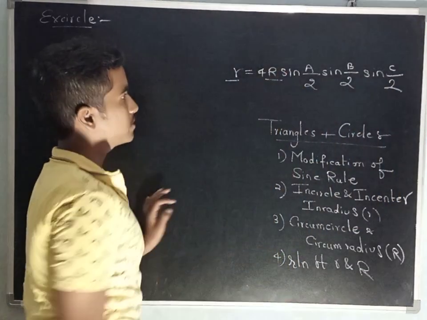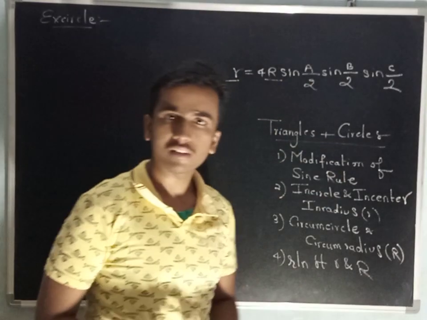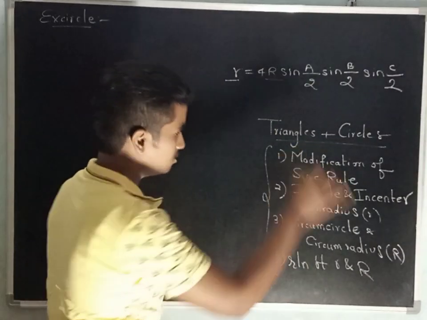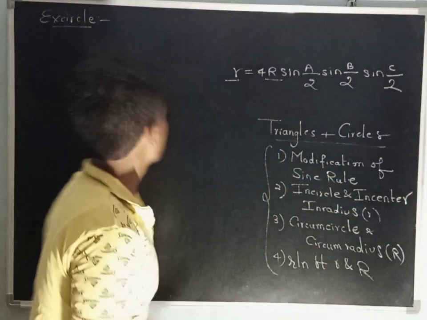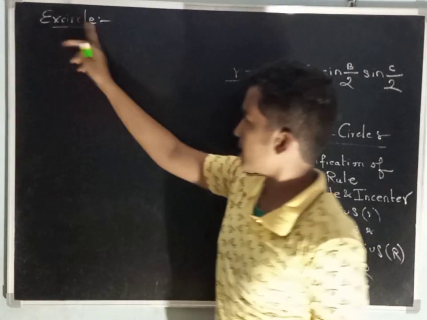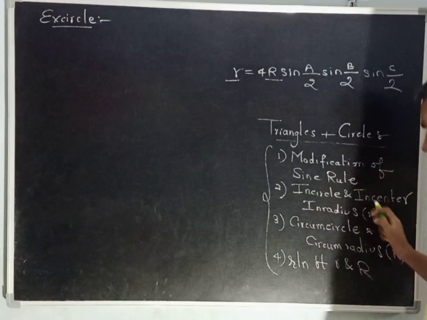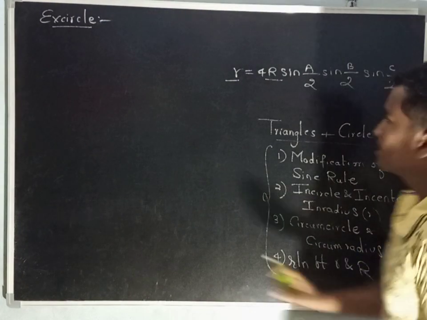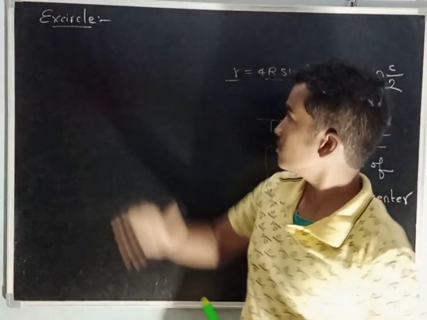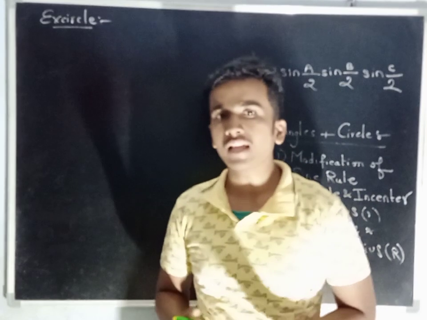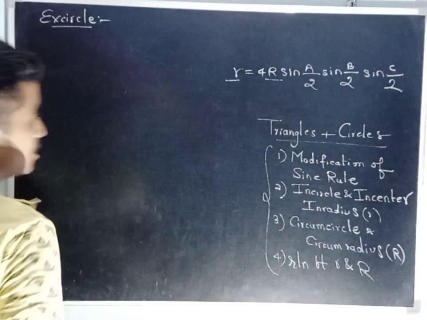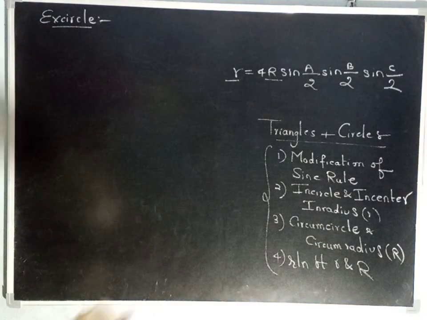Which shows the relation between small r and capital R. These are the concepts that we have covered. And in this video, here is our new concept, that is the excircle. Incircle, circumcircle and excircle. Let's understand what is meant by excircle and some of its results. Okay? Let's move forward.